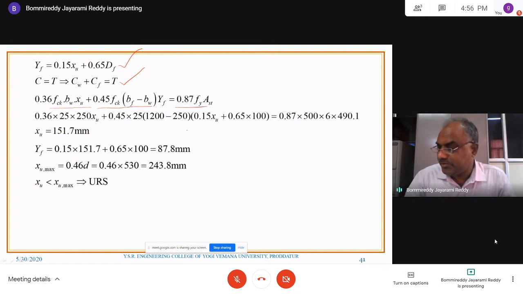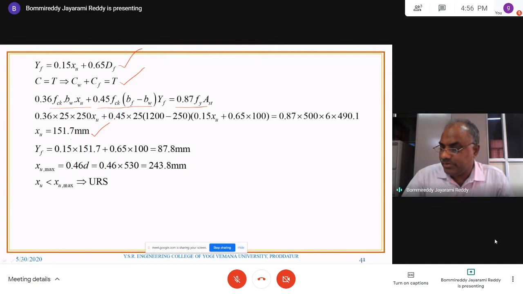Substitute all the values, and in place of YF, substitute 0.15 XU plus 0.65 DF. In all these, XU is the only unknown value, so you can find that XU value.